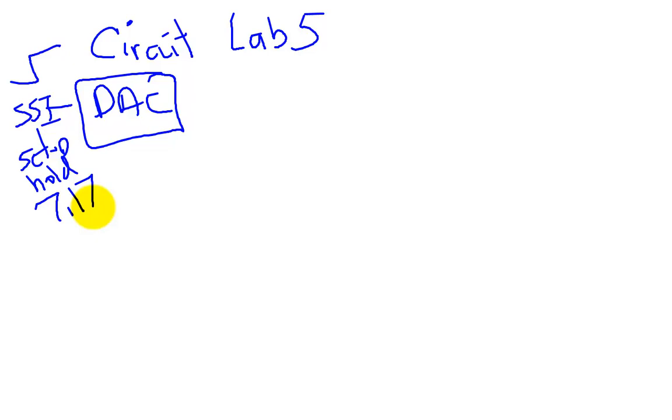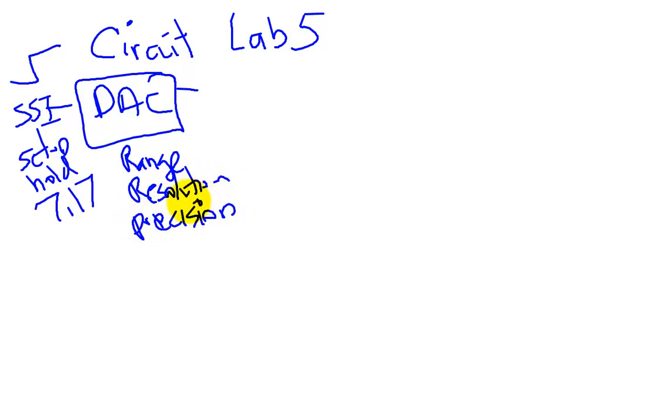And then the other issues associated with the DAC are things like range, resolution, and precision. Sampling, output sampling rate. So the Nyquist theorem applies. What other circuits do we have in Lab 5 from a modular standpoint?